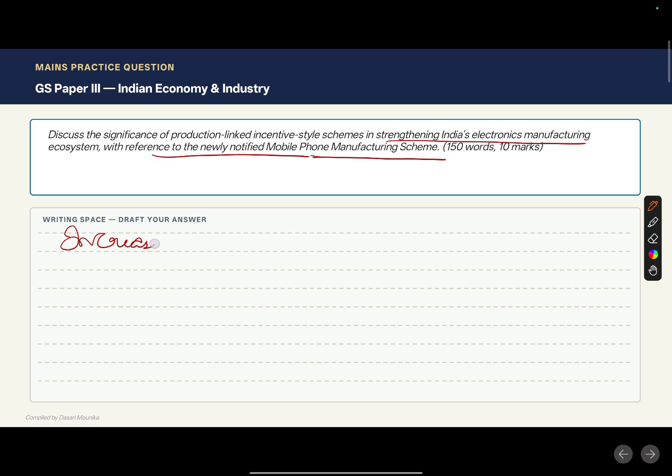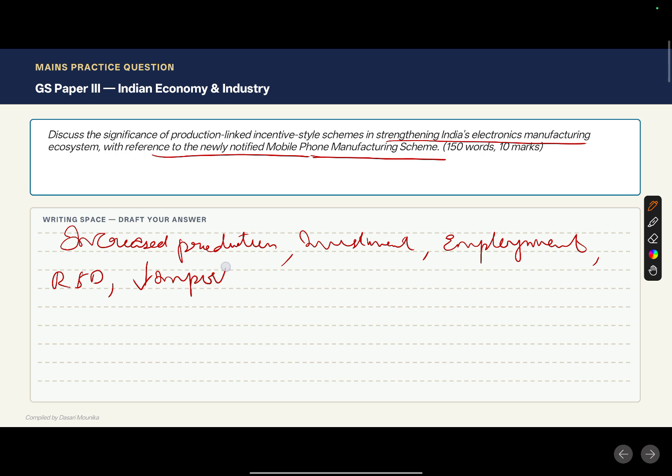If you have to write the answer, come up with these points: increased production, investment, then employment, then research and development encouragement, then reducing imports, and you can also mention supply chains. These are all benefits you can mention.